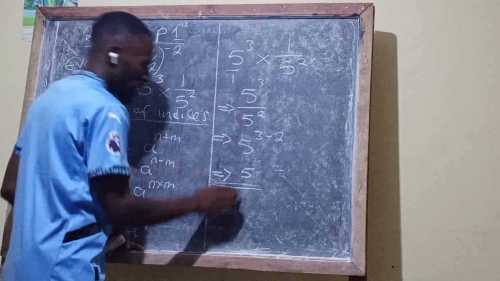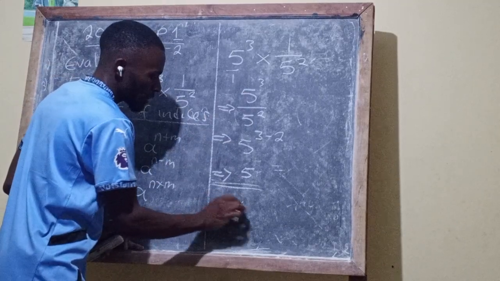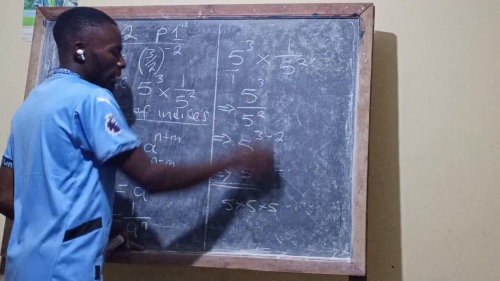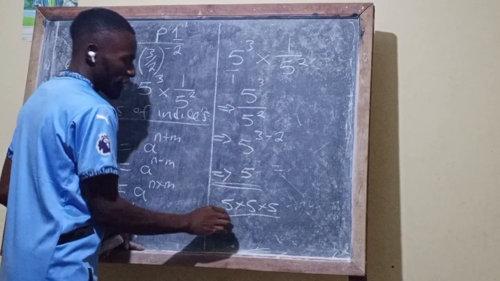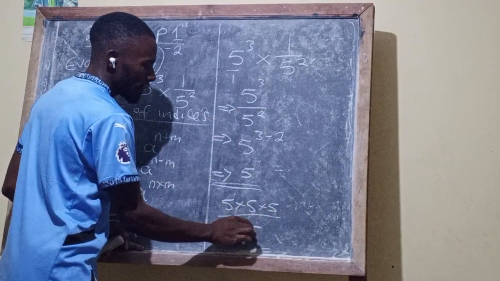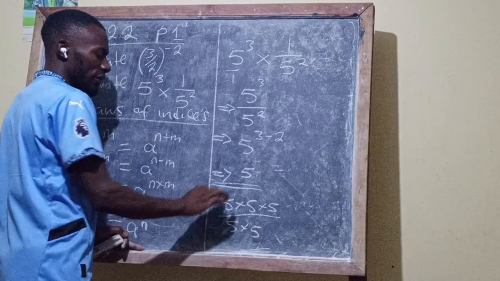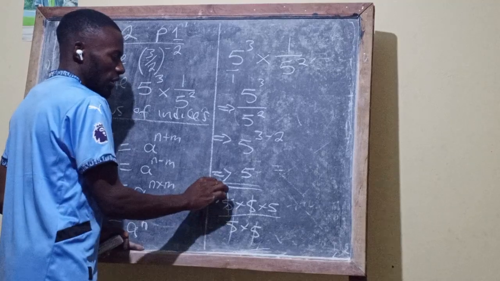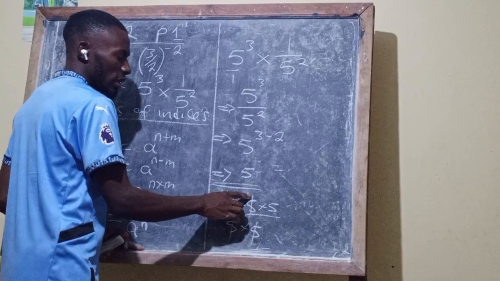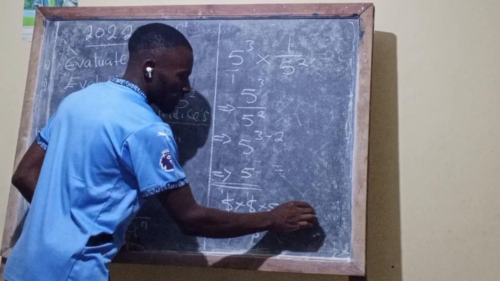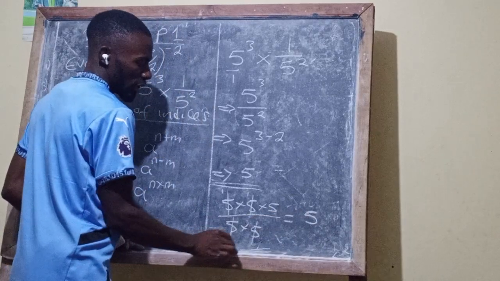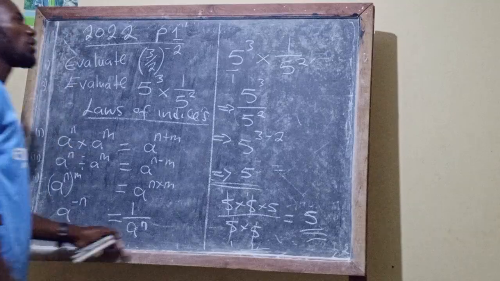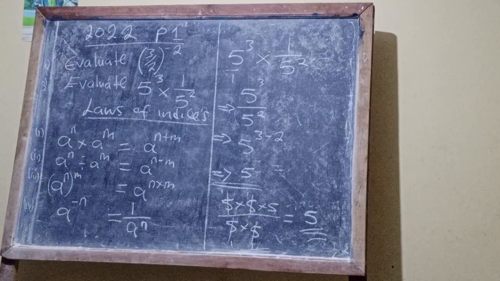Okay, so we are going to have 5 multiplied by 5 multiplied by 5, 3 times, that is the power 3, over 5 multiplied by 5. Then you can cancel this 5 and this 5, this 5 and this 5. Here you have 1 and 1. 1 times 1, that is 1 times 5, you have 5. Then 1 times 1, you still have 1. So you still have the answer of positive 5.